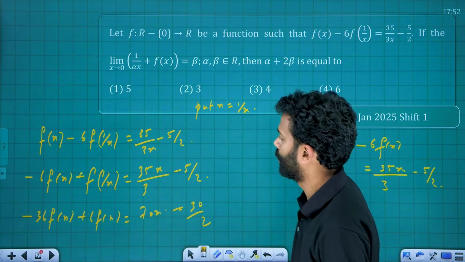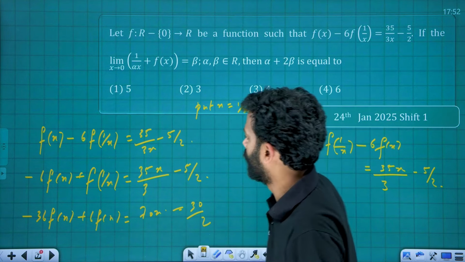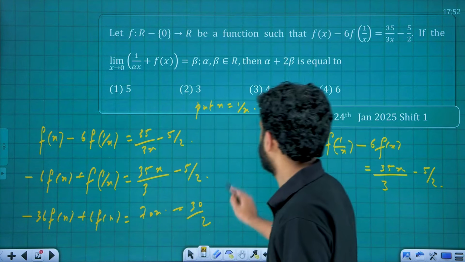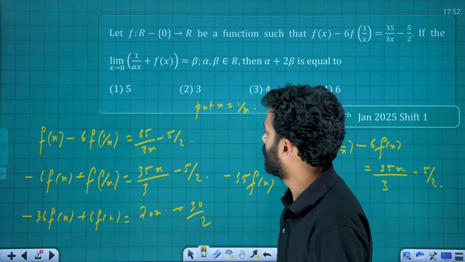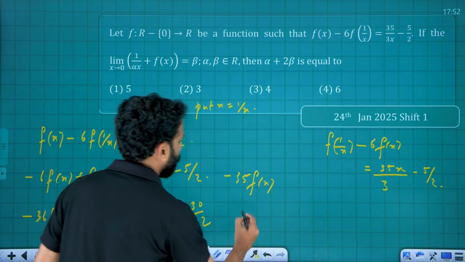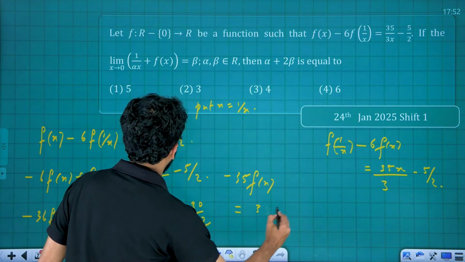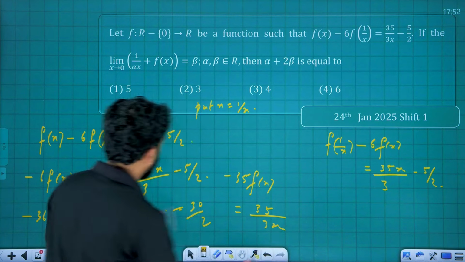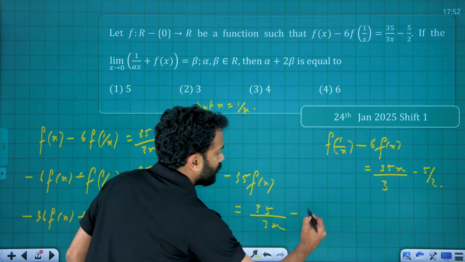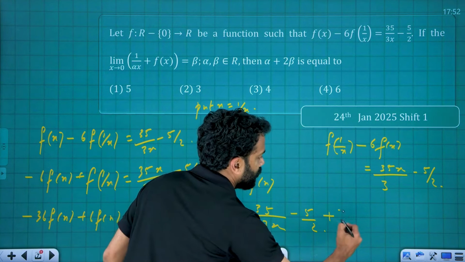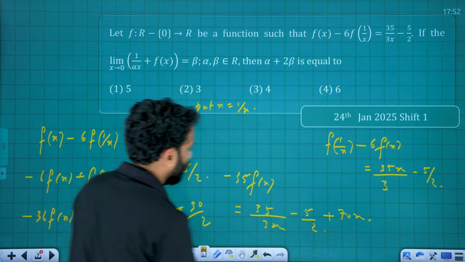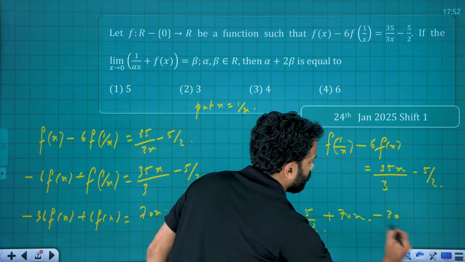Just add it and you will get this, and this will get cancelled, that is minus 35 f of x is equal to 35 by 3x minus 5 by 2 plus 70x minus 30 by 2.